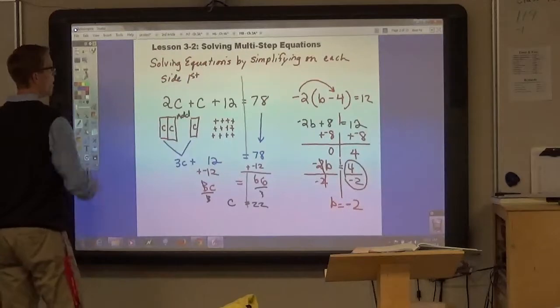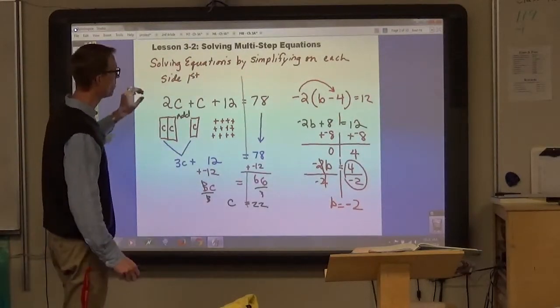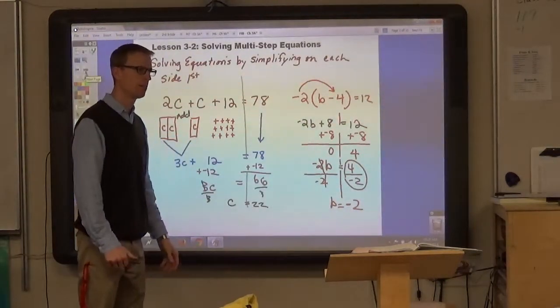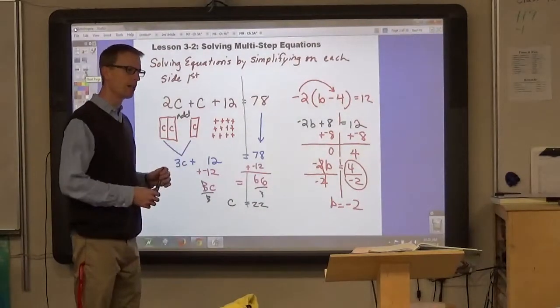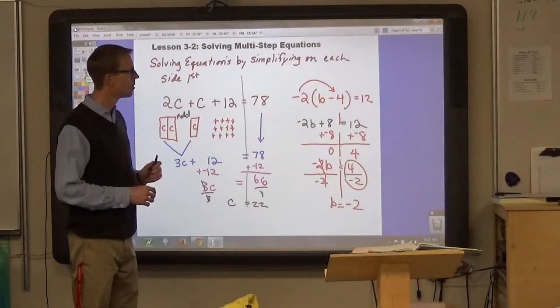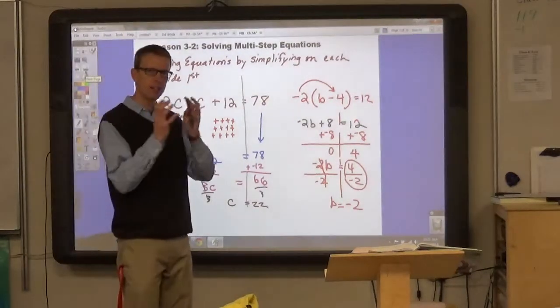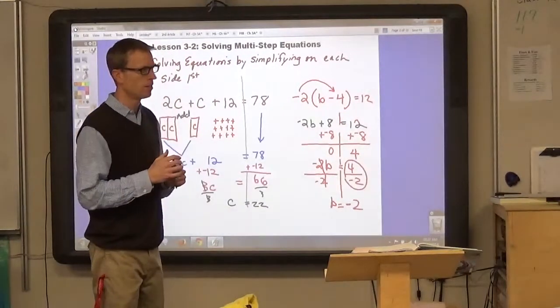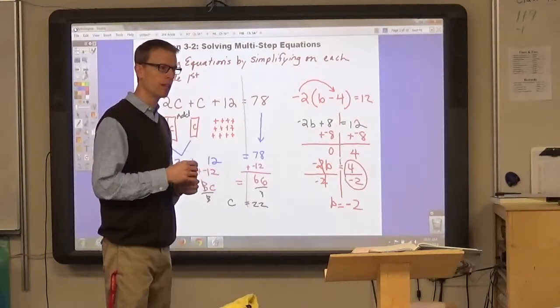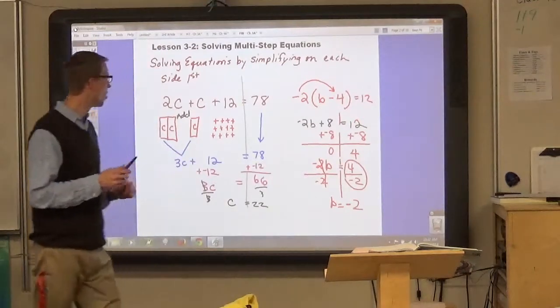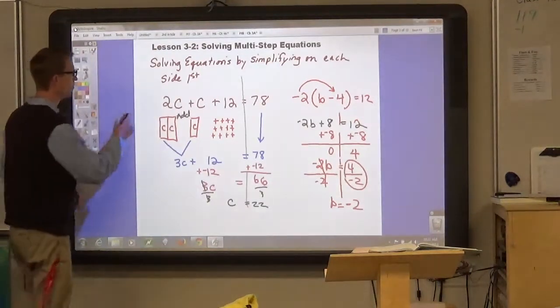Now in this lesson, we're going to have to simplify on one side of the equation first. In other words, there'll be some numbers that we can combine. We can add like terms together, can't we? So, look at this example.